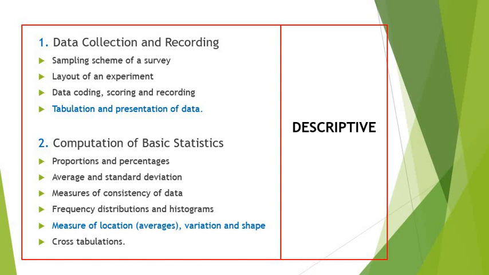Now I would like to emphasize that accuracy is desired in the collection of data. It is desired since the final results of detailed analysis would not compensate for the bias and inaccuracies in the original data. Take note that in these levels 1 and 2, we have 4 elements.